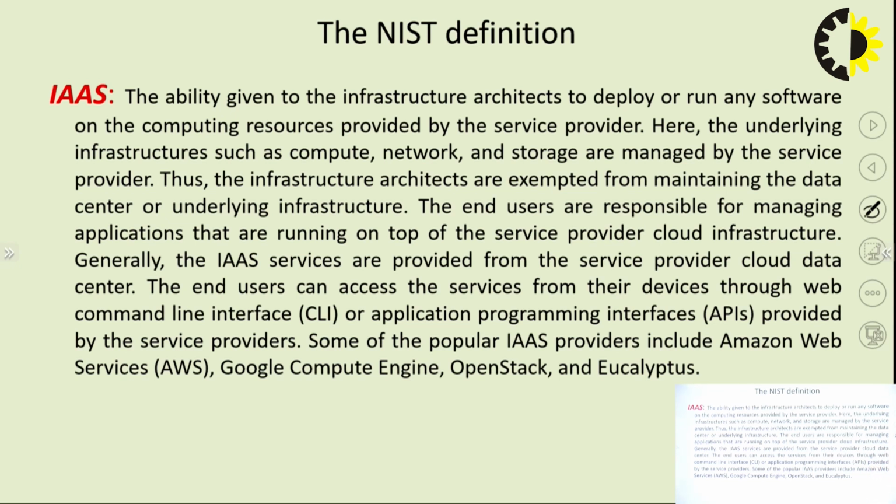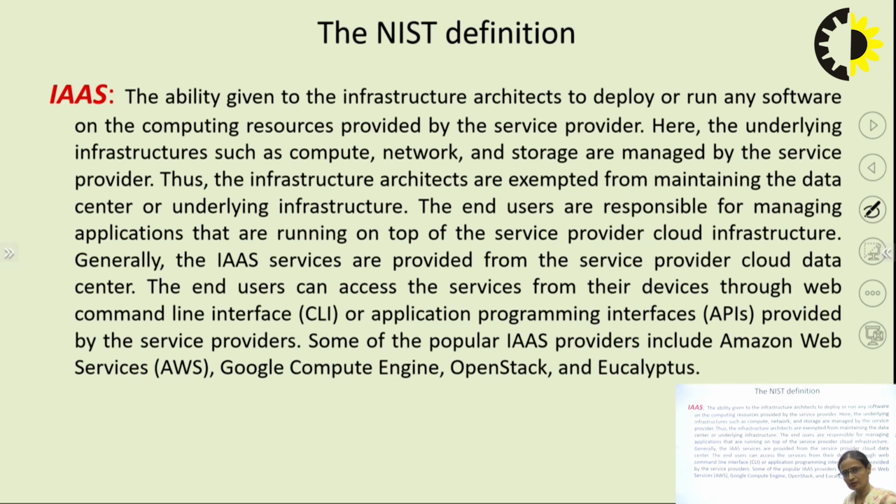So what is IaaS? It is the ability given to the infrastructure architects to deploy or run any software on the computing resources provided by the service provider. Here the underlying infrastructure such as compute, network and other hardware resources, for example storage, is managed by the service provider.